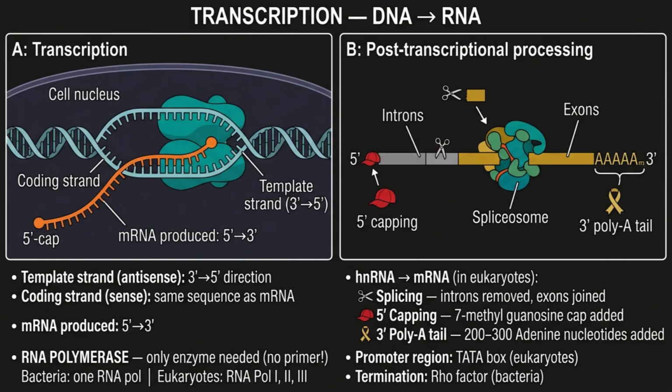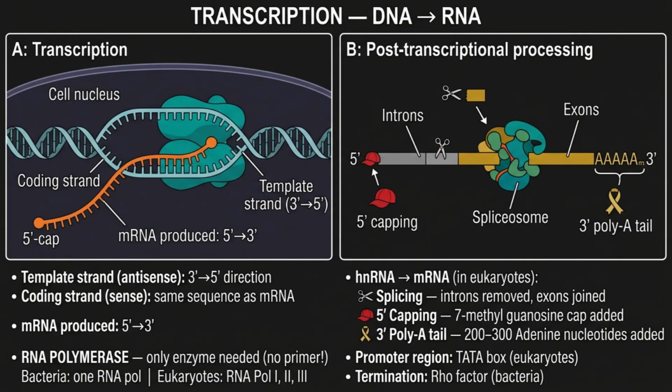In eukaryotes, RNA polymerase I makes rRNA, RNA polymerase II makes mRNA, and RNA polymerase III makes tRNA. In eukaryotes, the primary transcript is called heterogeneous nuclear RNA, or hnRNA, and it needs to be processed before it becomes mature mRNA.